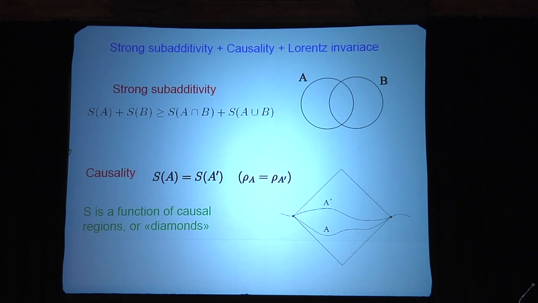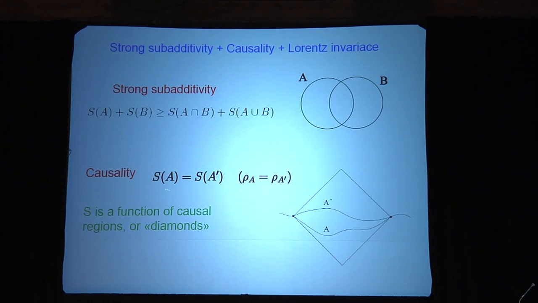So in order to show the proof of these theorems in 2 dimensions and 3 dimensions using entanglement entropy, we need strong subadditivity, which is this geometric property I talked about.